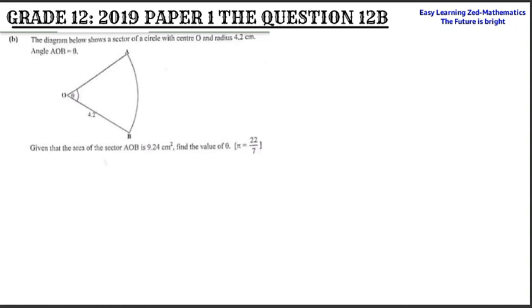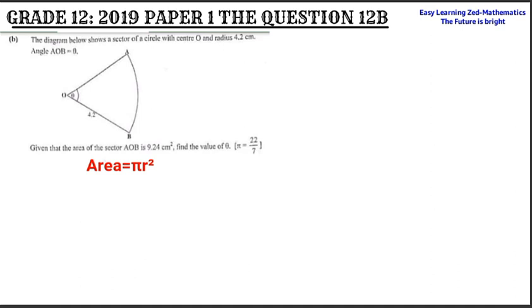What we need to do first is take note of the properties of a circle and how to find its area. When finding the area of the circle, we use the formula: area is equal to pi multiplied by radius squared.